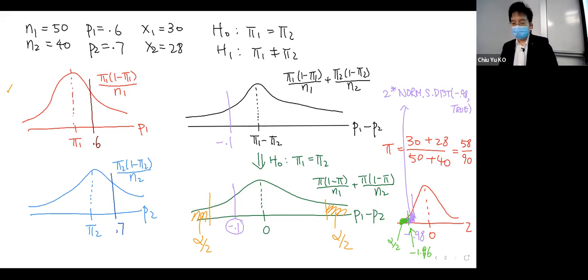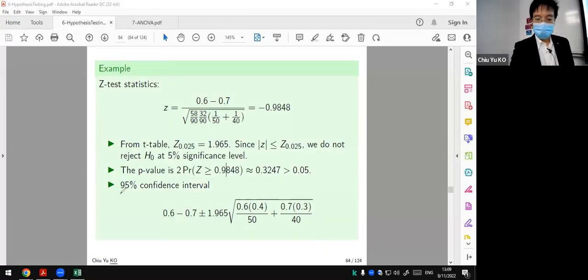Actually, if you can't reject, the confidence interval is not that meaningful. You can still calculate it, but it's not that meaningful because the interval will include 0. Nevertheless, we can still calculate that.